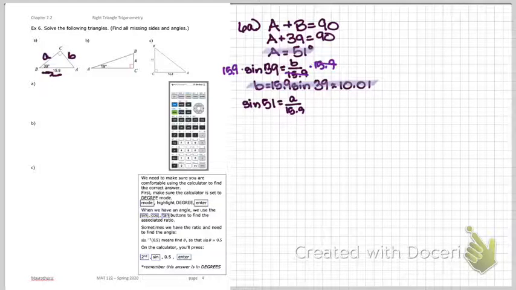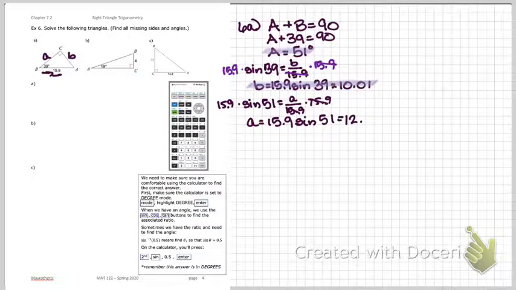Same thing here. We're going to multiply both sides by 15.9 so that we can eliminate that denominator. I get a equals 15.9 times the sine of 51. Notice I'm very careful to put that 15.9 out front. Round it to 2 places, we get 12.36.